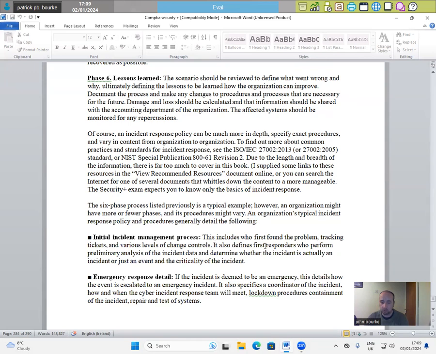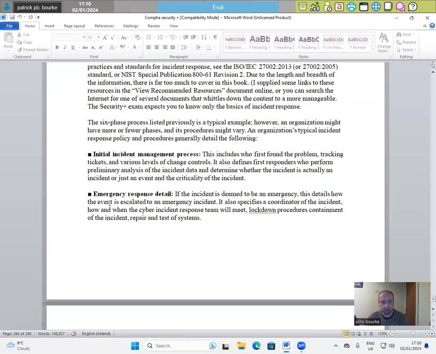This includes who first found the problem, tracking tickets, and various levels of change controls. It also defines first responders who perform preliminary analysis of the incident data and determine whether the incident is actually an incident or just an event, and the criticality of the incident.